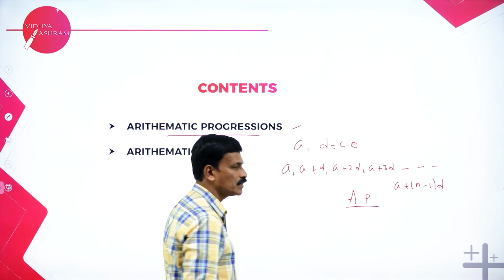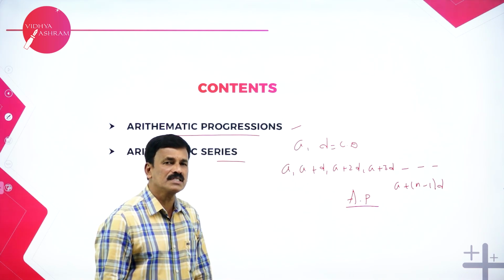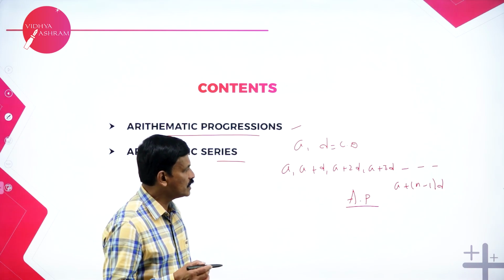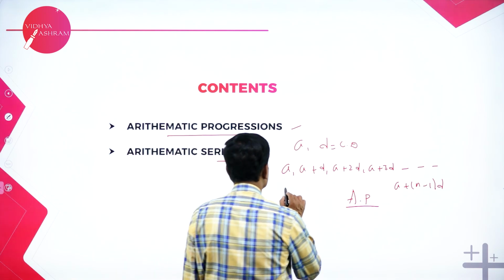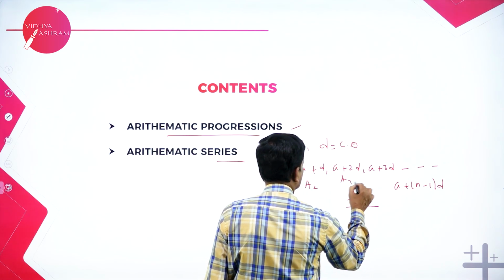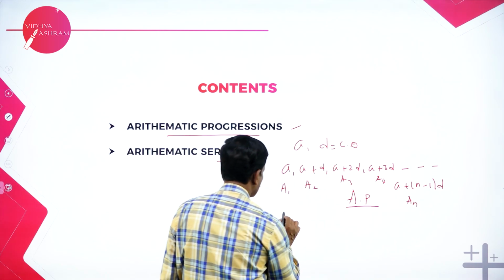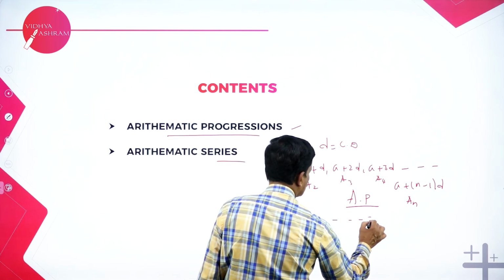So this is the first term, A1, A2, A3, A4, etc. This is An. So we represent this as A1, A2, A3, etc., An.